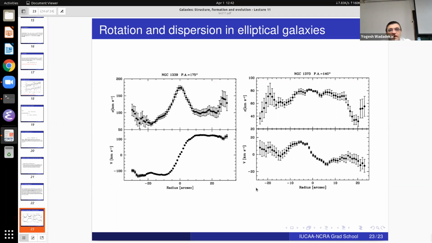Once it goes outside, it may go all chaotic like this on both sides. Maybe it goes close to zero and then oscillates about that. So don't think of this as a spiral galaxy because it's not necessarily extending out. The difference between this and the spiral is that this is only in the central, let's say, 1 kiloparsec. A spiral galaxy is rotating like that out to 30 kiloparsec.